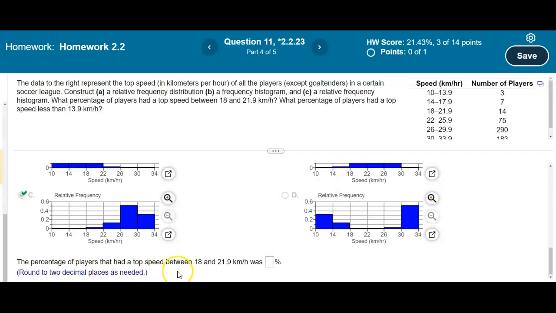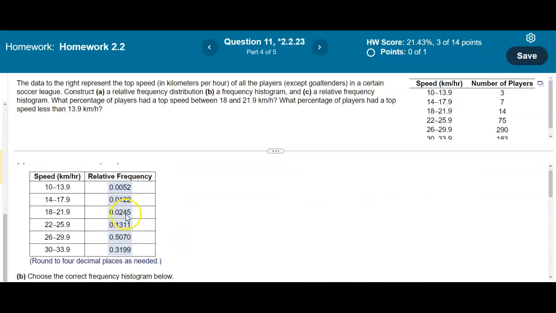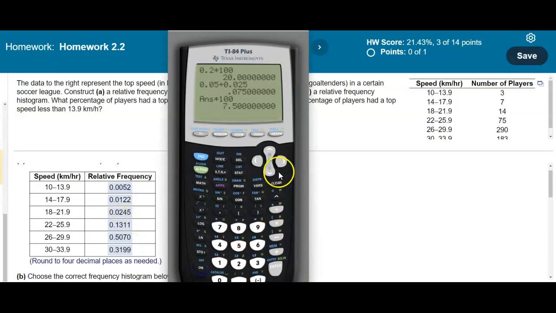Now it says the percentage of players that had a top speed between 18 and 21.9 kilometers per hour was what? We need to go back and look at the relative frequency for that class, and round it to 2 decimal places. For 18 to 21.9, we have 0.0245.